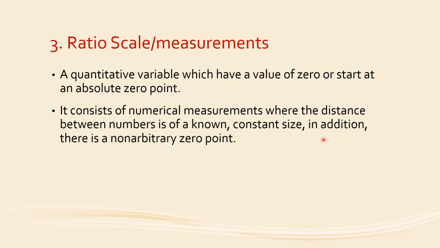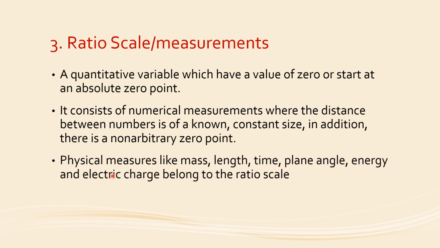In addition, there is a non-arbitrary 0 point. So, dito talaga, meron kang susukatan. Physical measures like mass, length, time, plane angle, energy, and electric charge belong to the ratio scale.